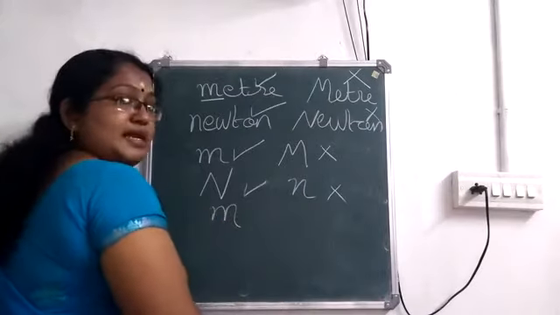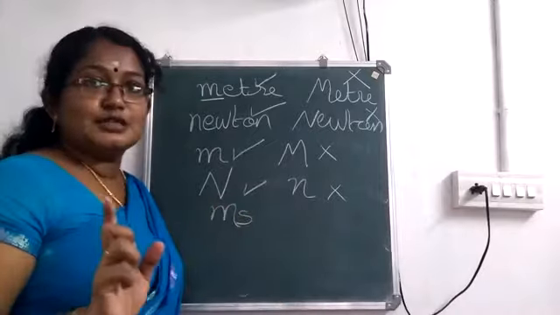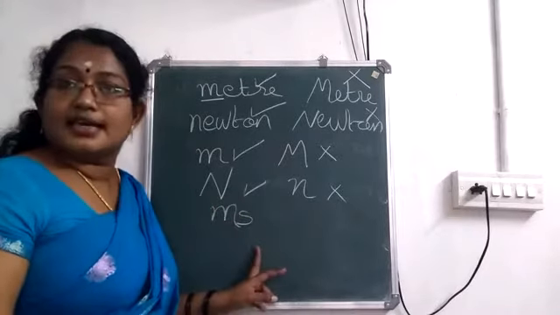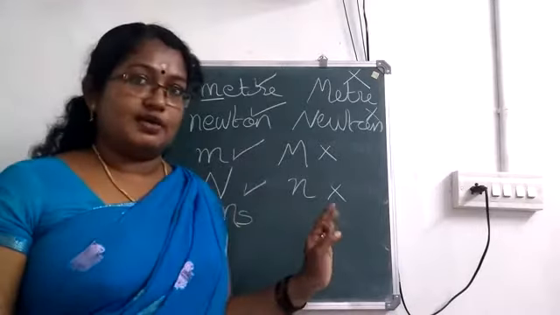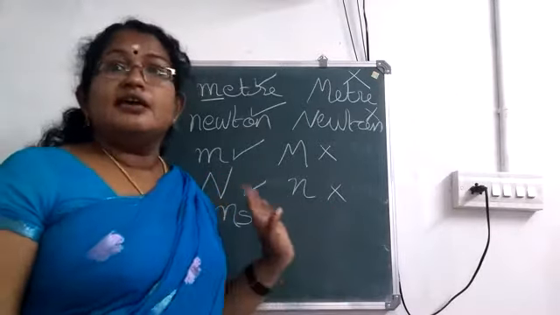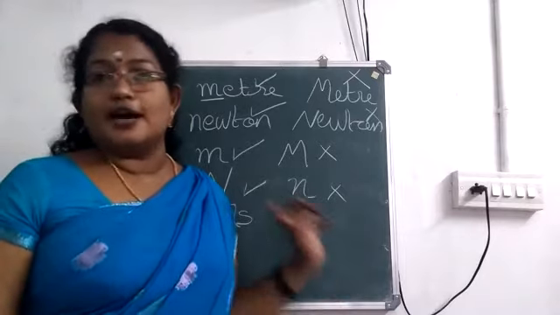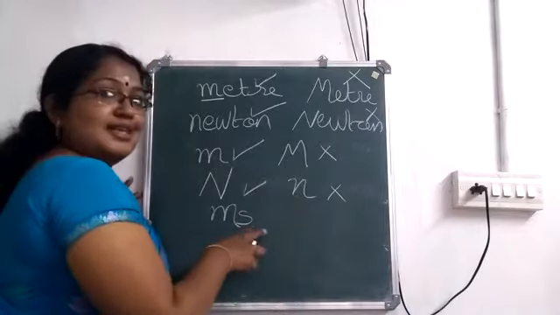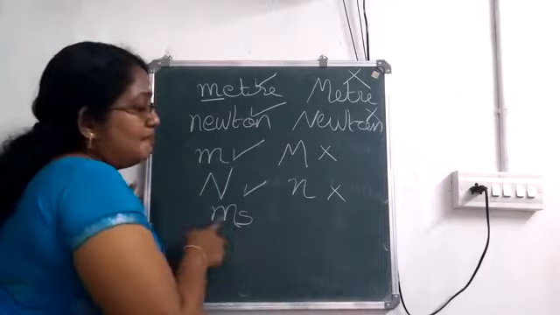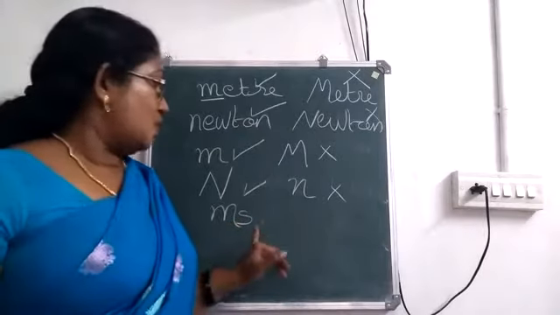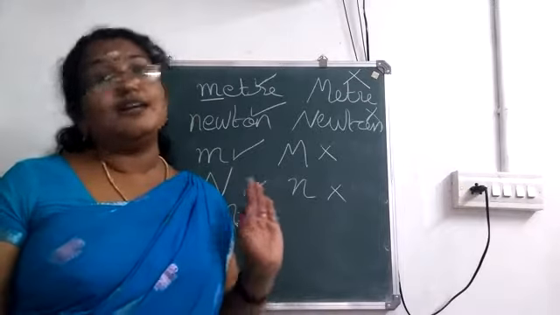So for meter, if I write ms, this won't be read as meters, this is millisecond. So when we are writing units, especially the symbols, we write them in singular form. If you put an s there, ms has some other meaning. ms is millisecond. So we should write the unit in singular form.